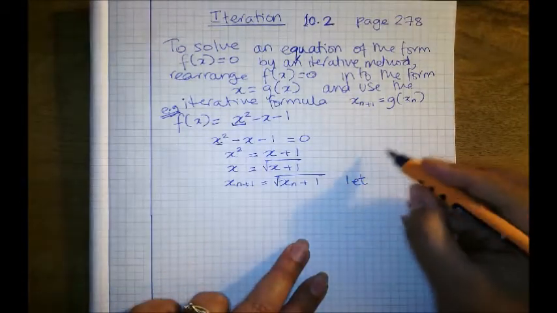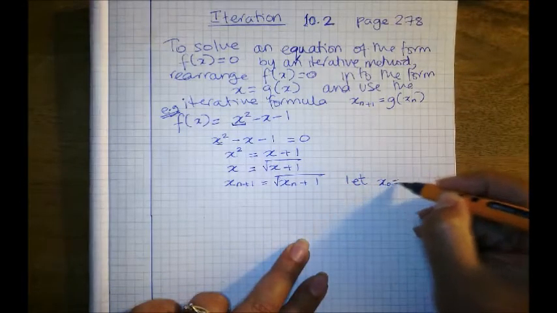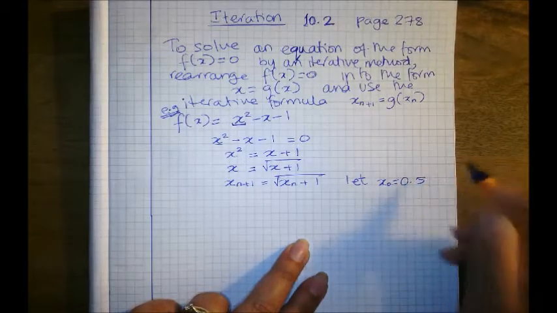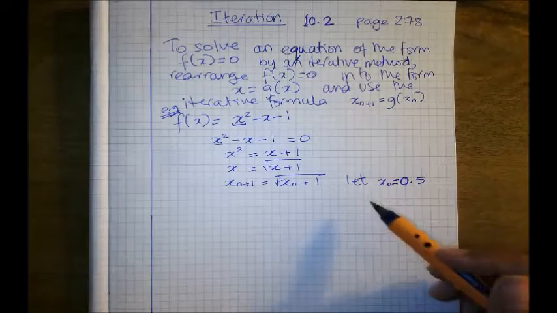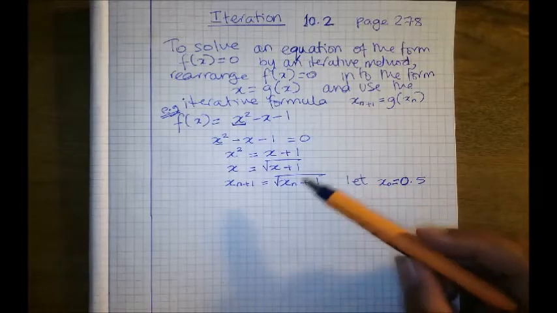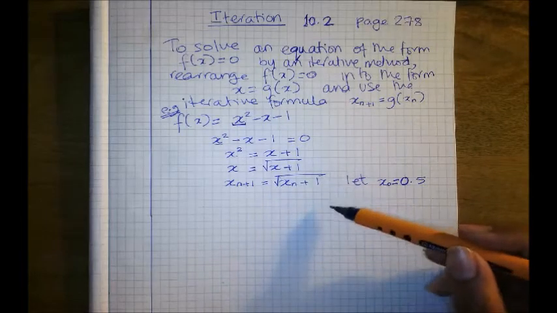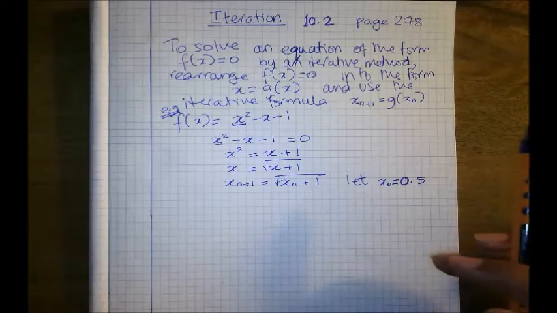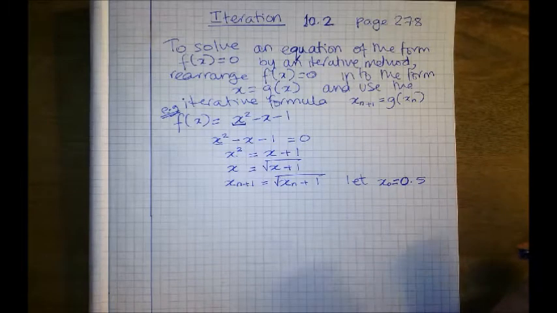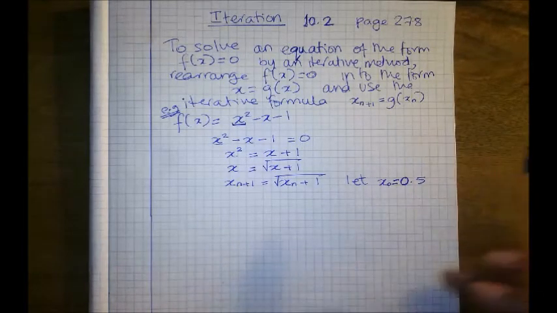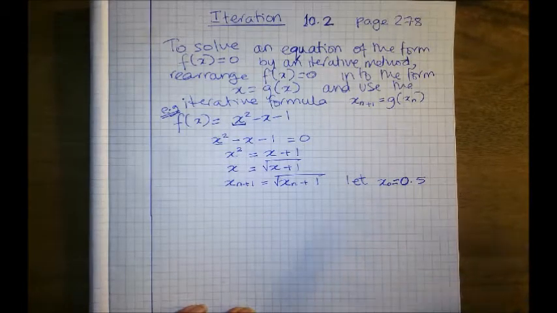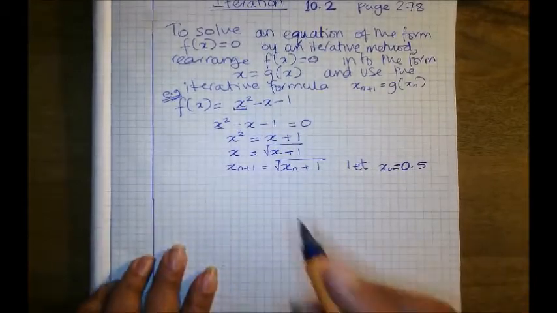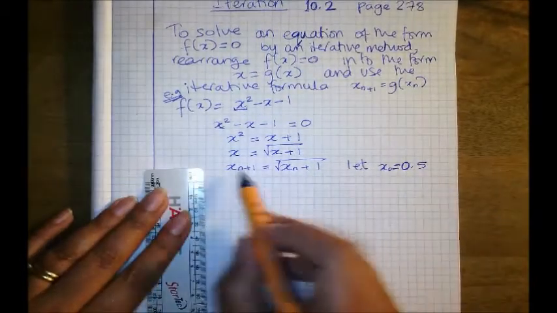So I need to first make it equal to 0, so x squared minus x minus 1 equal to 0. Then, because I want to make x the subject of my formula, I'm going to bring everything else to the other side, and I would get x squared equals x plus 1, and then I would take the square root of both sides and I would get this, and then I would convert it into a recurrence relation and I would get this as my iterative formula.